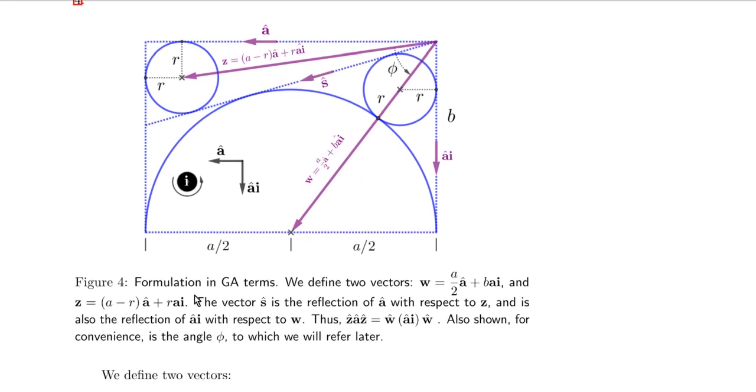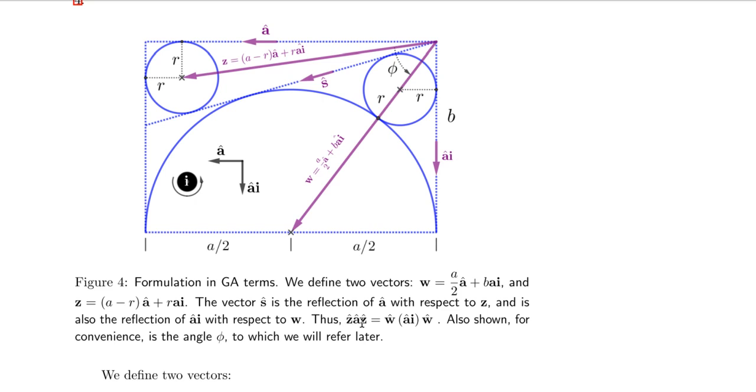So now we can express both W and Z in terms of A, R, and B, and we also have the reflection equation.